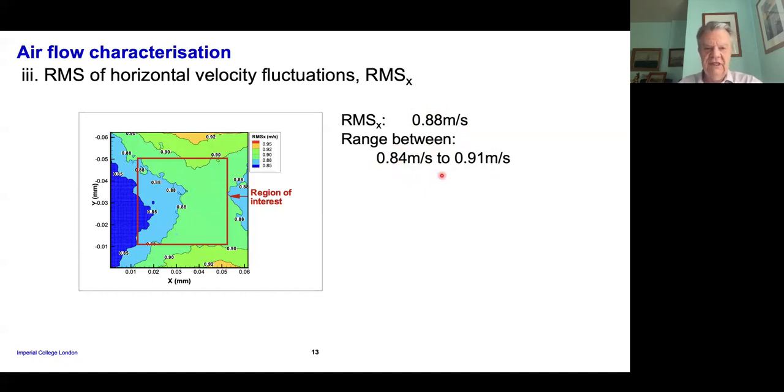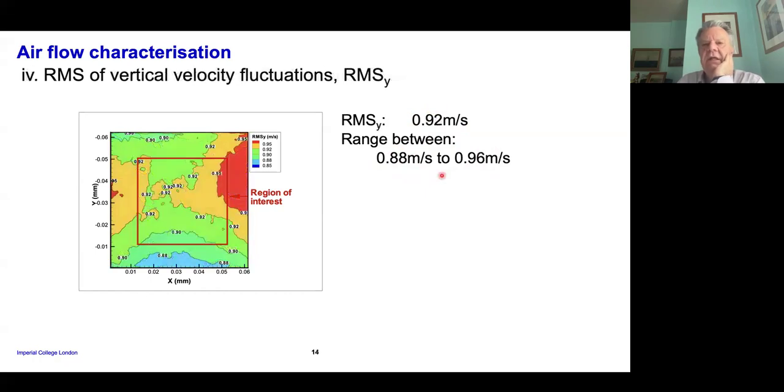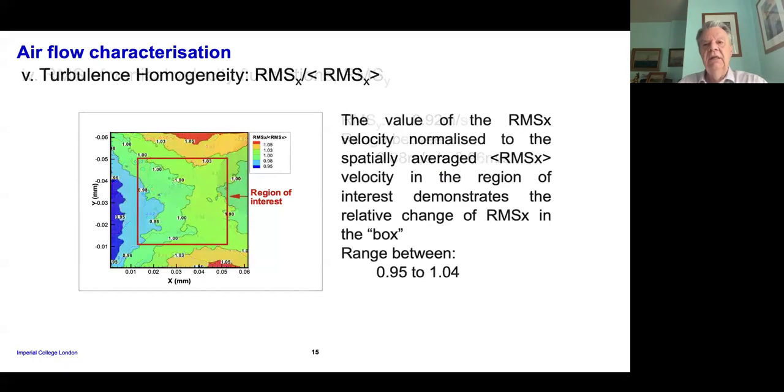So once you set your operating condition, which is the amplitude of operation of the loudspeakers, you have generated turbulence. And if we look also in the other direction, the velocity fluctuations remain very similar. And again, the contours verify the extent of this uniformity that you have in space.